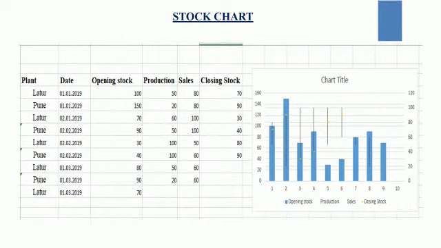Stock chart. It is specially designed for stocks and shares. The data required for these charts consists of specific data series like opening price, closing price, high and low prices.